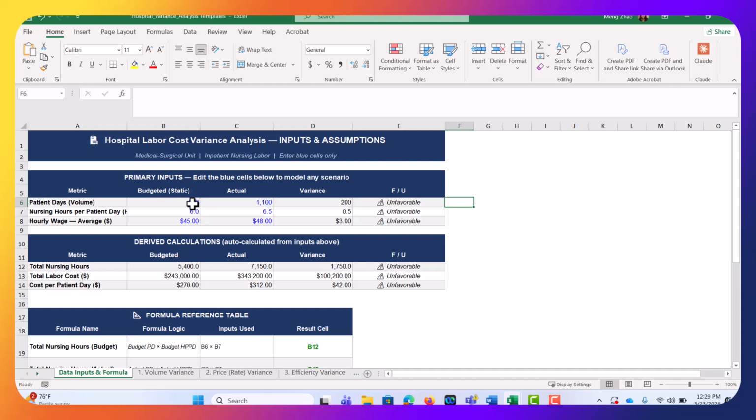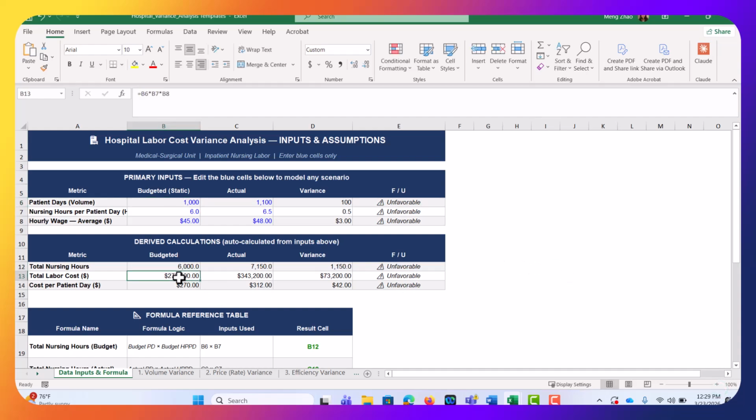So let's go back to 1,000, which is the data that we retrieved from the original data set. And then when you enter all these blue numbers from the original data set, you will see the total variance, which is the total labor cost here.